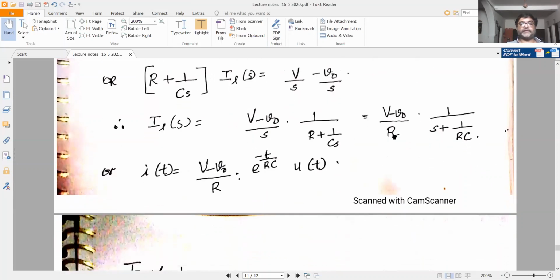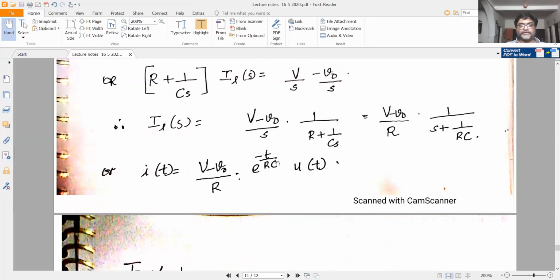So therefore, what is the current? The current would be (V minus V0) by R into e raised to minus t by RC into U of t. So you see that the current is exponentially decreasing. What is the value at t equal to 0? That is the initial surge current.